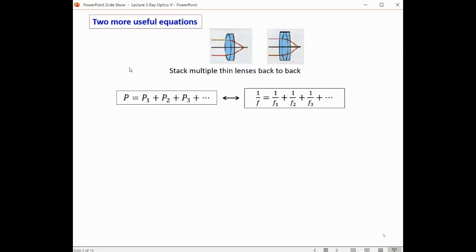If we have a few thin lenses which are stacked back to back, then the effective power of the entire combination would be equal to just a simple summation of the refractive power of the individual lenses.